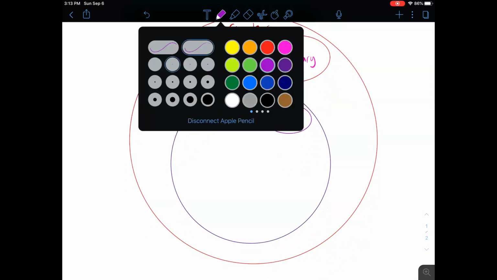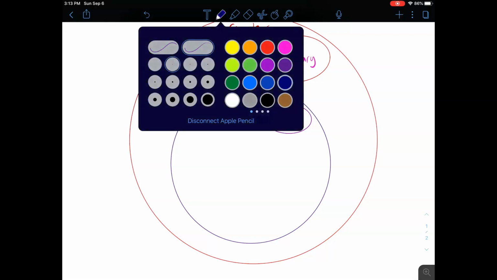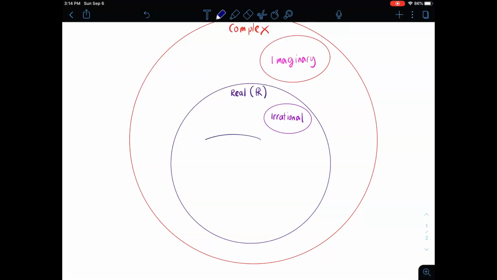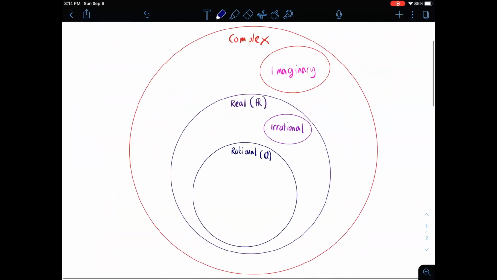All right, so there's irrational numbers. And then there's also rational numbers. And that is going to be Q. Okay?